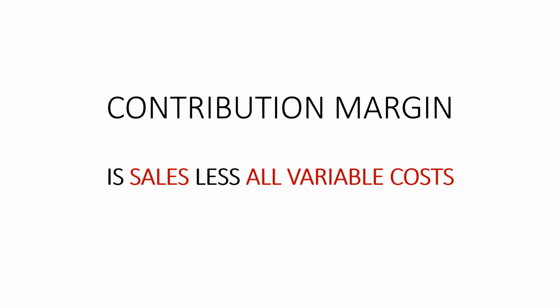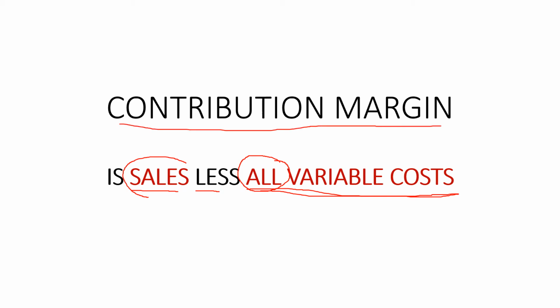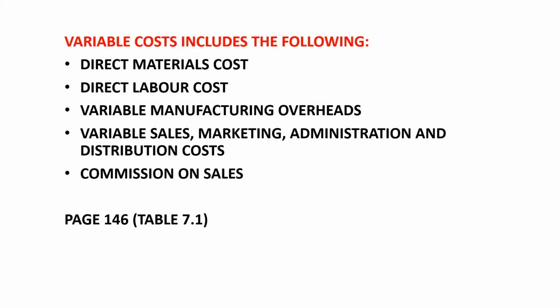In our book, they will tell you that contribution margin is the difference between your sales and variable costs, which simply means contribution is sales price less all variable costs. The keyword is all variable cost. Sales price or selling price less all your variable cost gives you contribution margin.